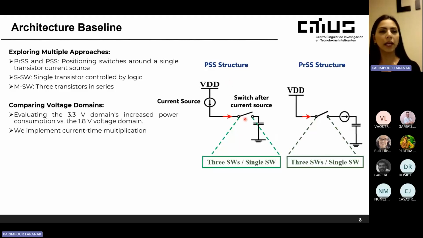Single switch means that only one switch is connected to the logic, and instead of one switch, we can also have multiple switches, featuring three transistors in series. We also analyze the different voltage differences in the different structures at 1.8 volt and 3.3 volt voltage domains.